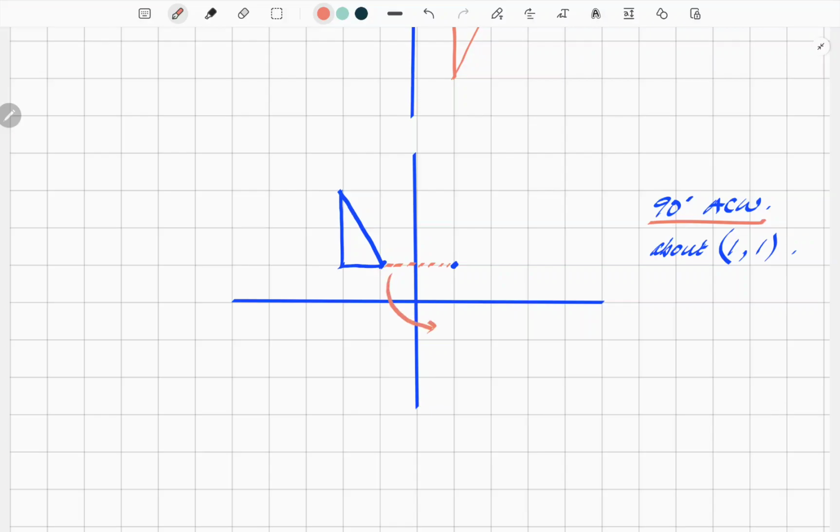And we know 90 degrees is a right angle, so that line is going to end up going like that. Does that make sense? Yeah? So on that line, we are 2 squares away from the center of rotation. You're going to do the same thing along the rotated line, 2 squares away. All right?